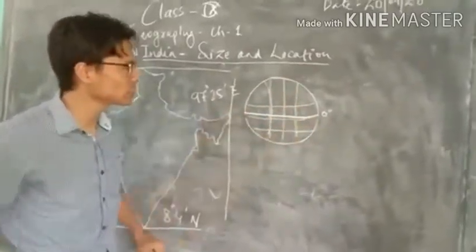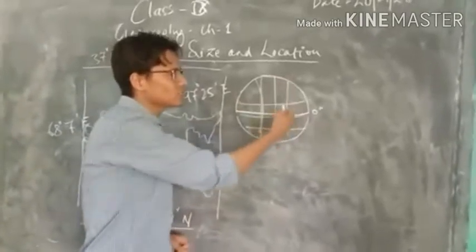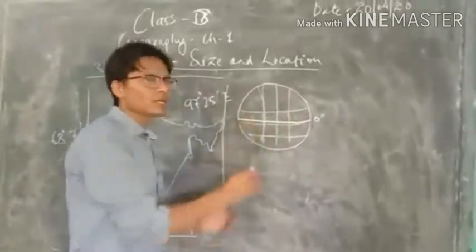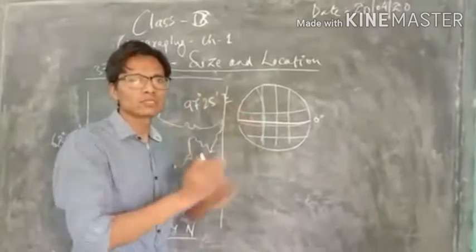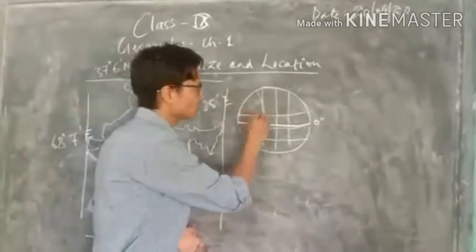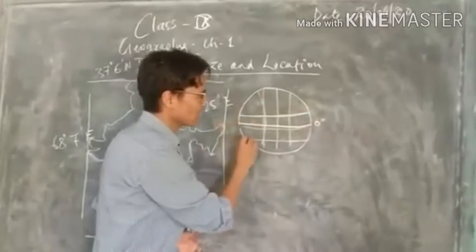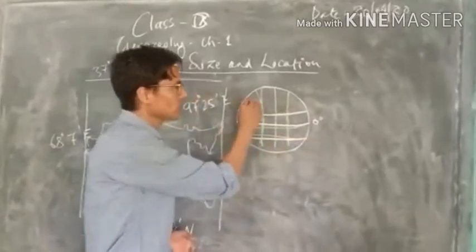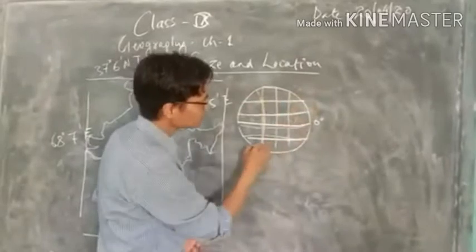Now there are many latitudes and longitudes, but some very important latitudes are there. We have the Tropic of Cancer over here, the Tropic of Capricorn over here, and then two other latitudes also.